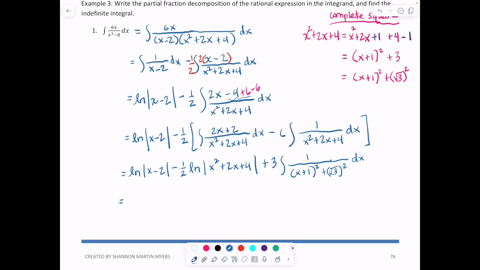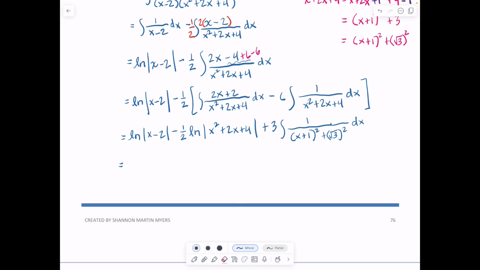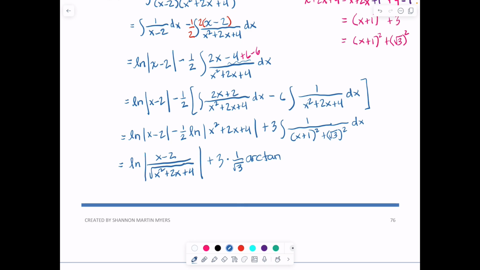So simplifying the first two, I will have natural log of absolute x minus 2 over the square root of x squared plus 2x plus 4, and then plus 3 times, my a is root 3, so I'll have 1 over root 3 arctangent of x plus 1 over root 3.